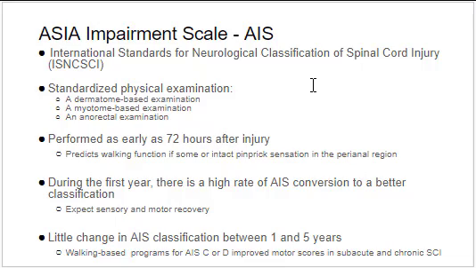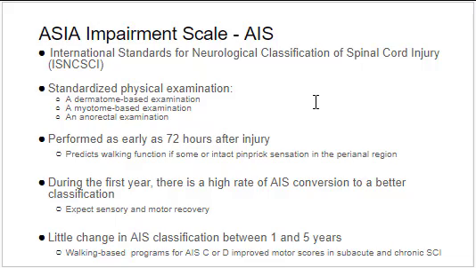This predicts walking function if we find that there is some pinprick sensation, either totally intact or partially, in the perianal region. During the first year, there's usually a high rate of change in that AIS to hopefully a better classification. We expect some sensory and motor recovery as that spinal shock resolves.